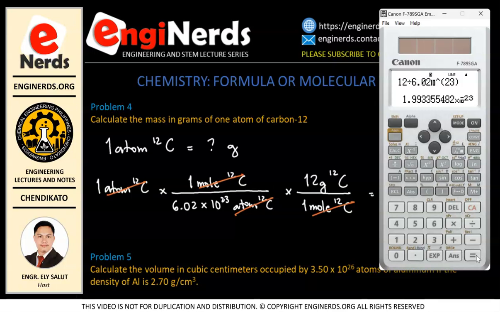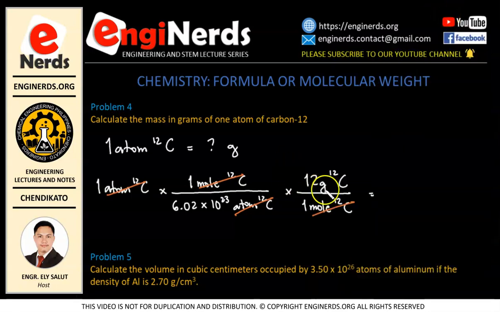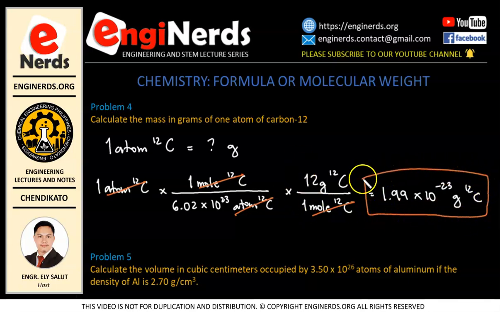Then I will have 1.99 times 10 to the negative 23. If you want, you can round this off to 2, but I'll use 1.99. So we have 1.99 times 10 to the negative 23 grams of carbon-12. This is our final answer for this question.